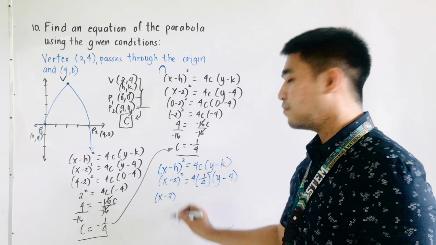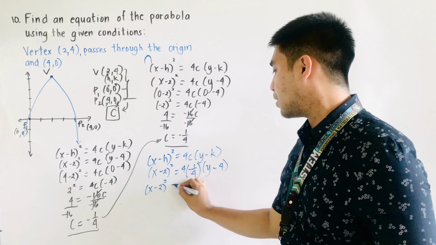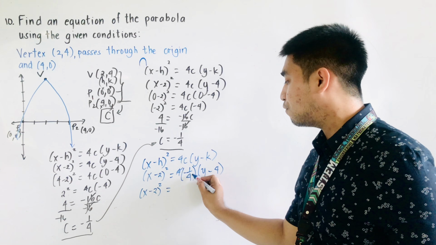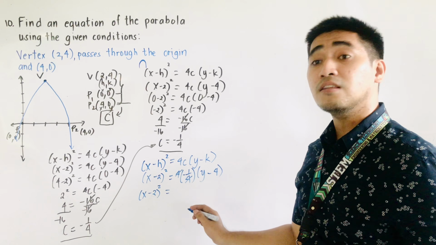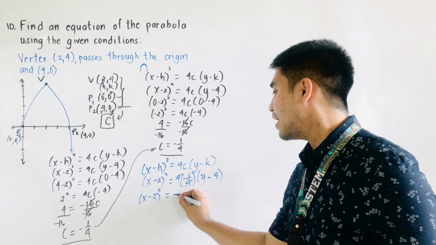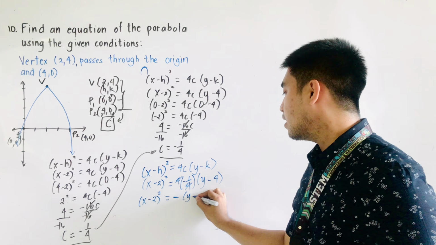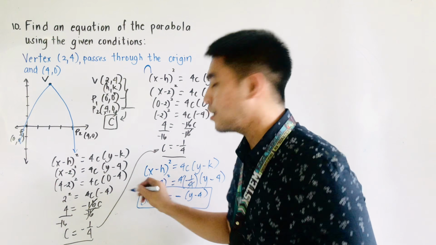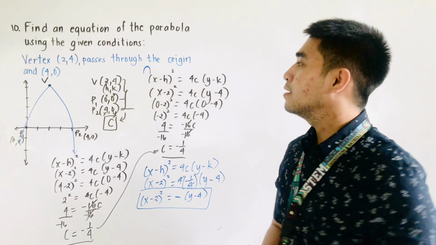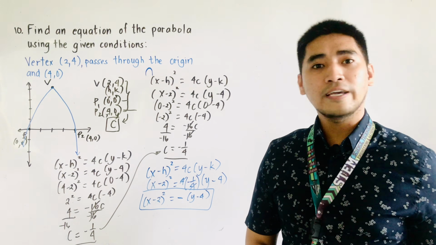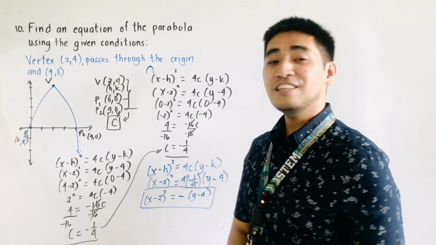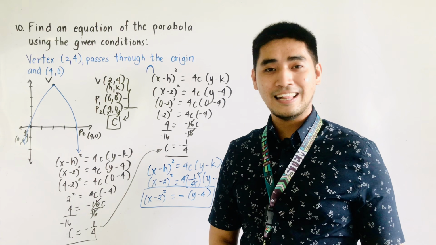Simplifying, we have (x minus 2) squared is equal to 4 times negative 1/4. We could cancel out 4 and we're left with negative 1, and that is just the negative of (y minus 4). Therefore, this is now the equation of the parabola having vertex located at (2, 4) and passing through the origin and the point (4, 0).